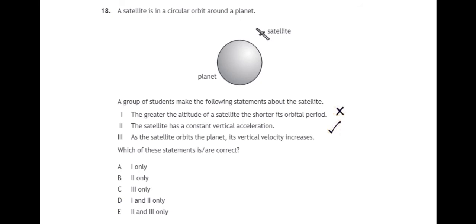And that's what happens in the satellite. So although it is accelerating towards the Earth, that acceleration does not alter the magnitude of the satellite's velocity. It alters the direction of the satellite's velocity and therefore causes it to orbit the planet. So that is not correct. The only one that is correct is 2. So answer B.